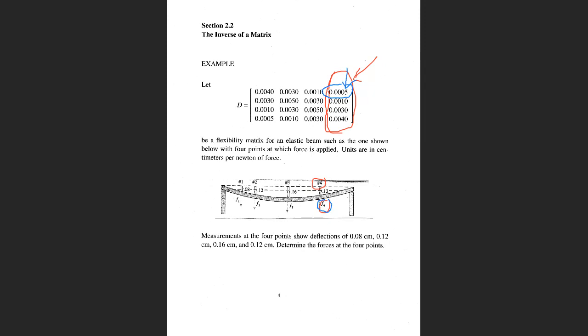I think this is a really nice example because it shows you that these numbers in the matrices have meaning. You've seen that before, but it's always nice to see a new example. Now remember, the units for these numbers in matrix D are centimeters per Newton of force.